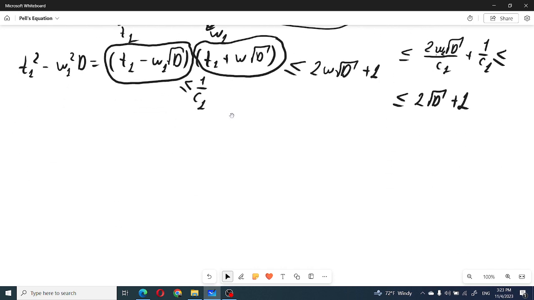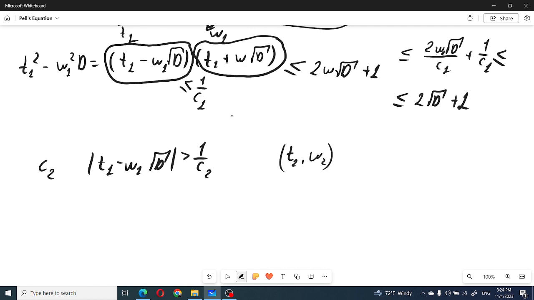Now we can take another number, c2, such that the absolute value of t1 minus w1 square root d is more than 1 over c2. By the same logic and same arguments, we can find other numbers, t2 and w2, such that w2 will be less or equal to c2, and the absolute value of t2 minus w2 square root d will be less or equal to 1 over c2.